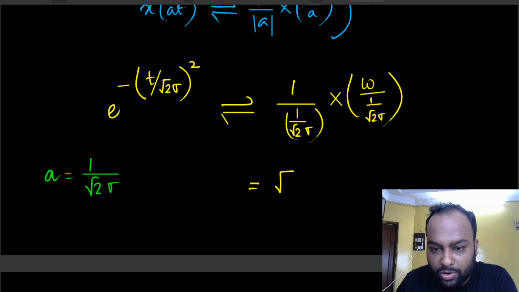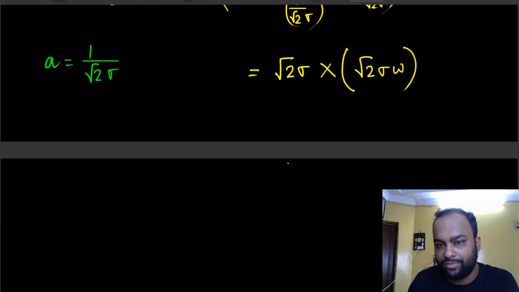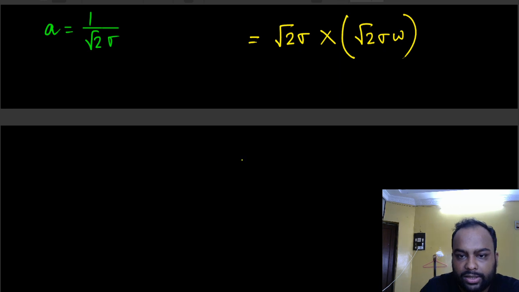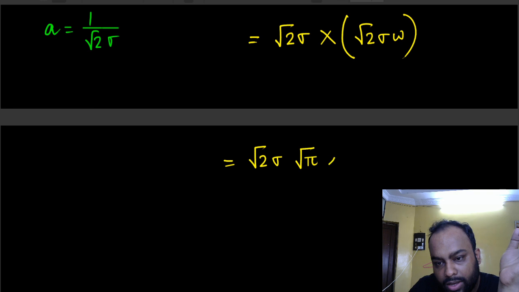I would have root 2 sigma here, and this is X of root 2 sigma omega. X of omega was root pi e to the power minus 1 by 4 omega square.